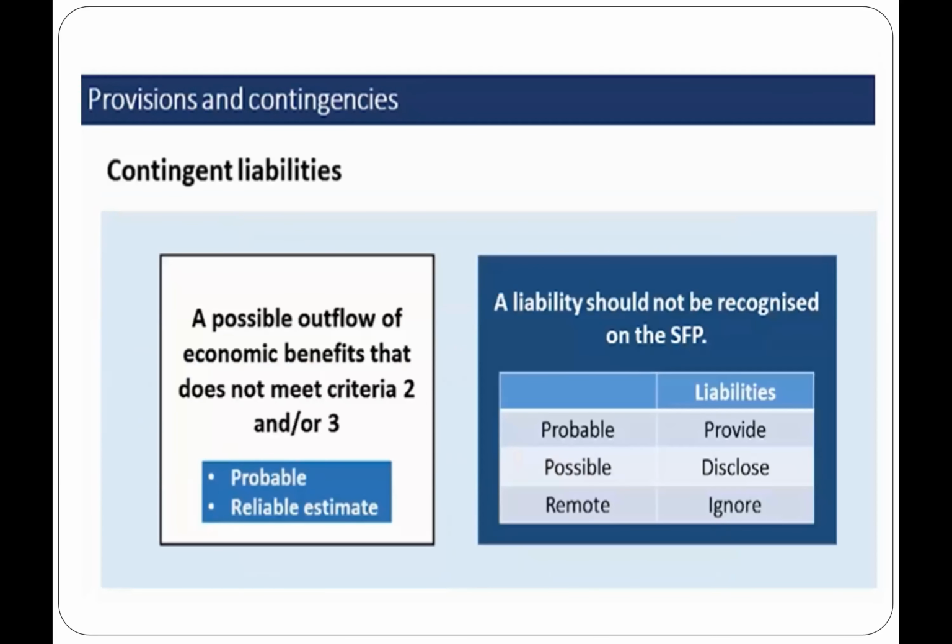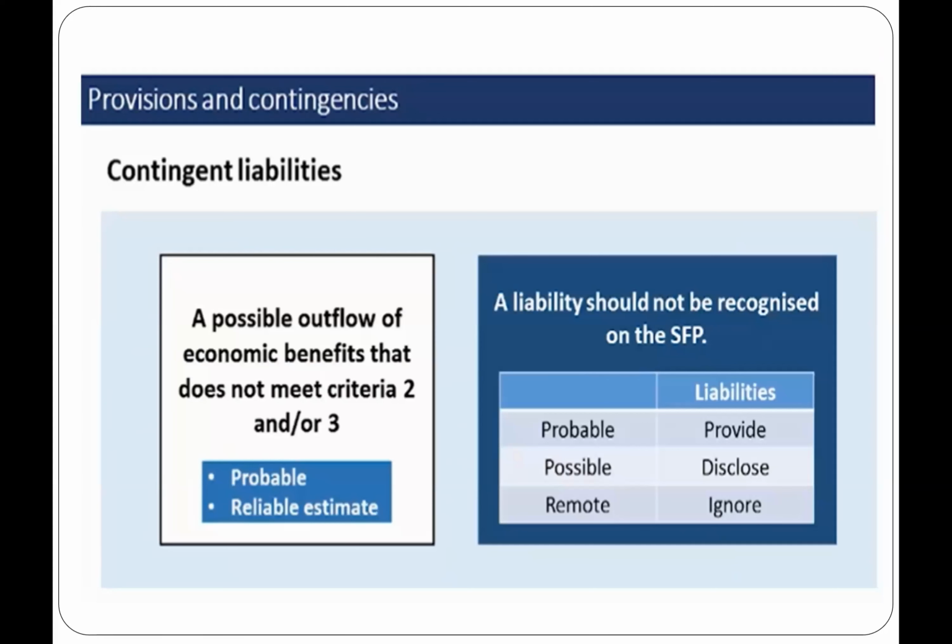Now, when it comes to recognition of a contingent liability or a contingent asset, the treatment, especially on probability, is going to be different. I'm going to explain on that. So a contingent liability is a possible outflow of economic benefits that does not meet criteria 2 and/or criteria 3. So remember, criteria 1 is a legal obligation. That has to be met.